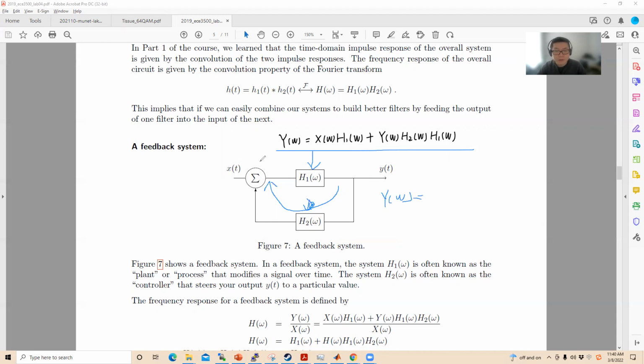If we follow this branch, it should equal x of omega times H1 of omega, plus. Why this plus? Since we follow this branch, and this way, you can see here is y omega. So y of omega times H2 omega, and then times H1 omega.